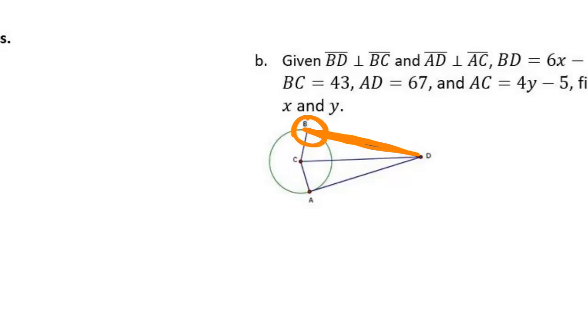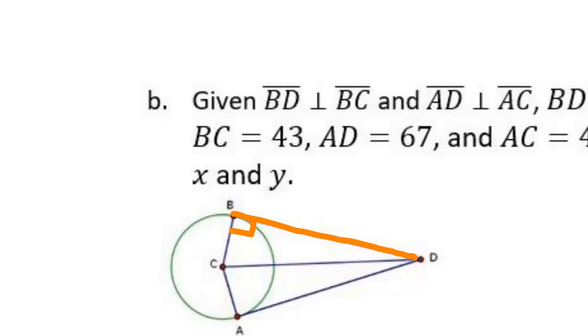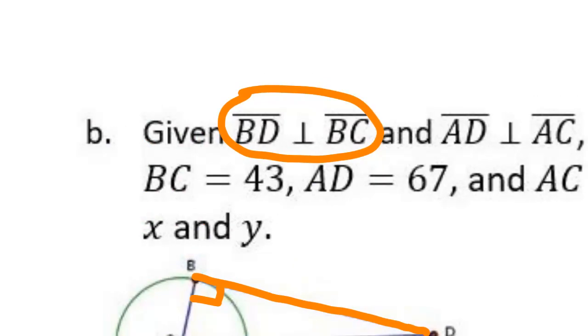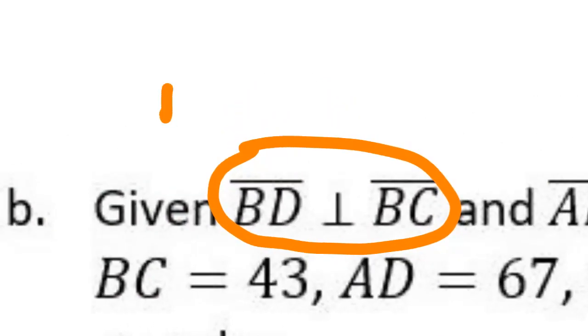So what happens right here? What kind of an angle is that making with my radius? A right angle, yes. And that's what it says right here too. So that's telling me that BD is tangent to circle C.